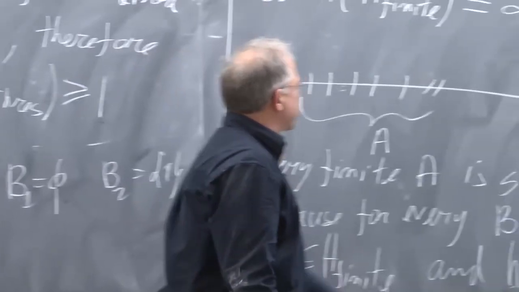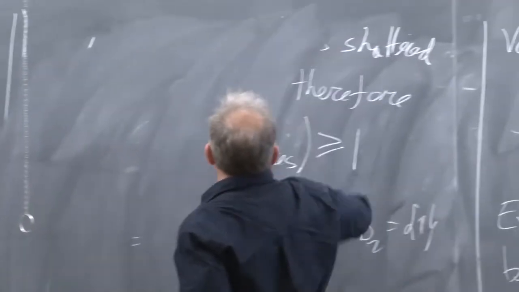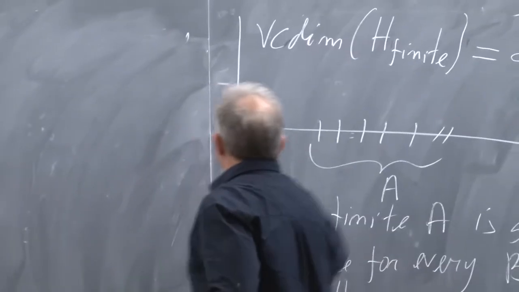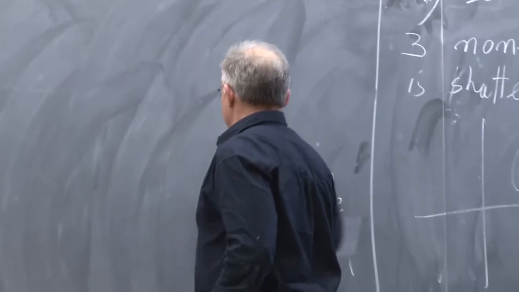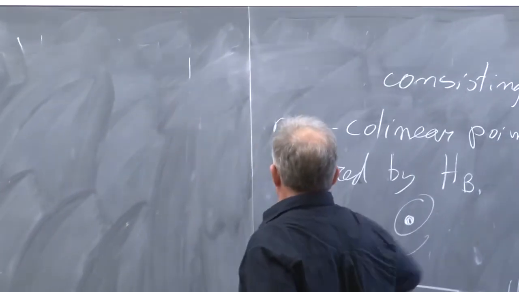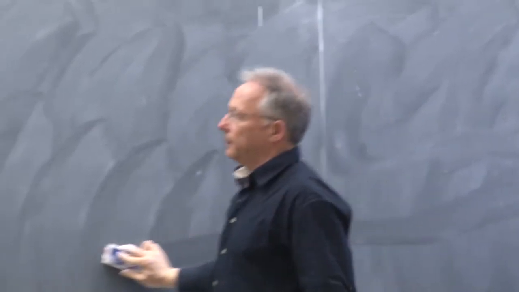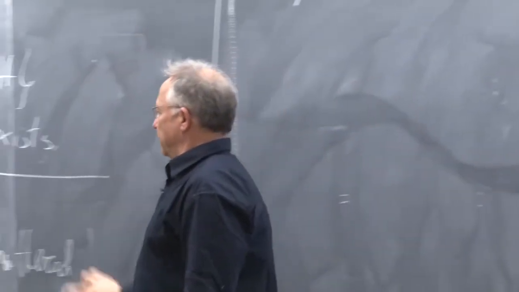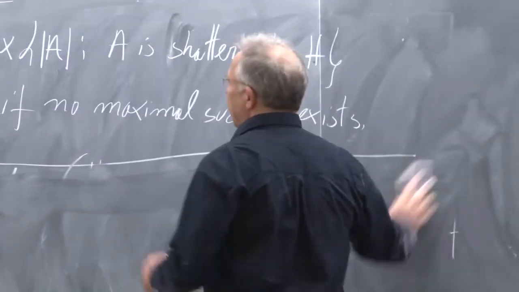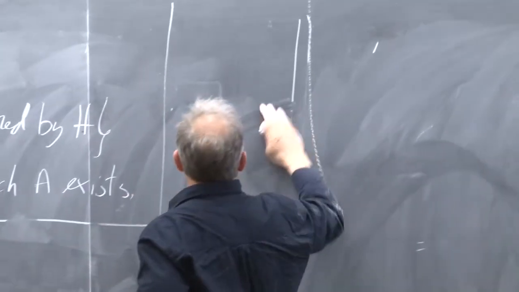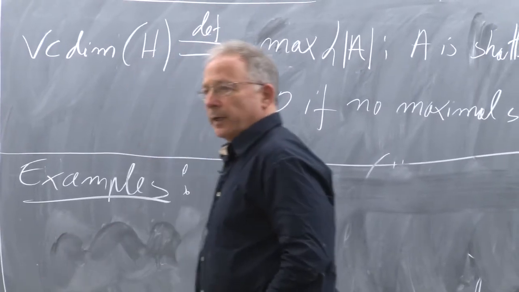So let us look at some more examples of VC dimension. Here we have the definition of VC dimension, which is based on the definition of shattering. And let us now consider another very natural class.